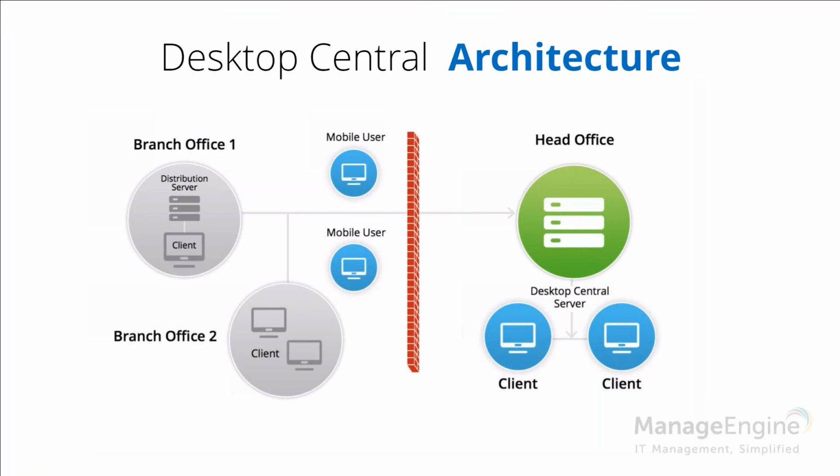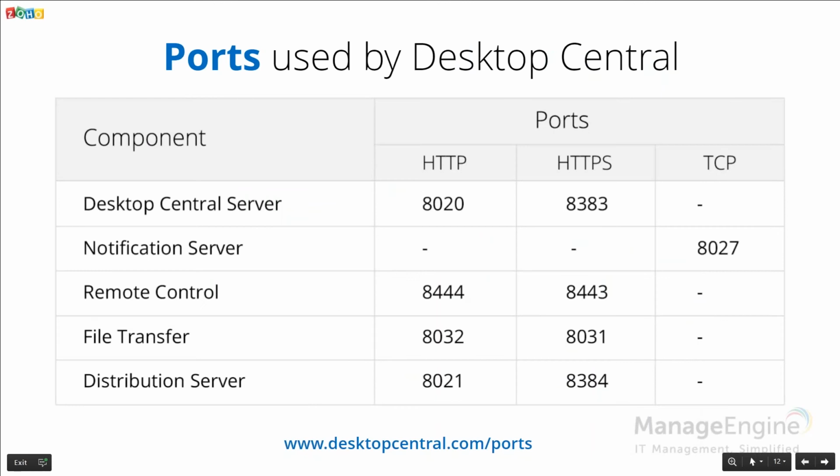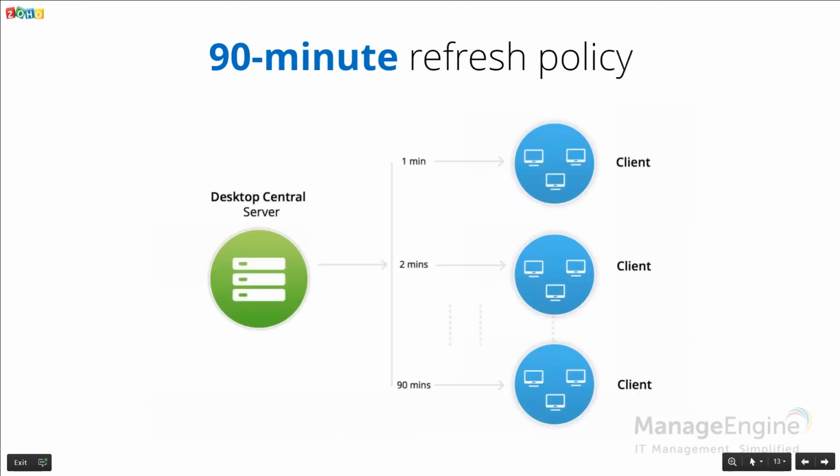Desktop Central supports LAN, WAN, and remote office users, like roaming users or mobile users. For remote office management, it's always recommended to have a distribution server if you're managing more than 10 machines. For the other offices, you can manage with direct communication.